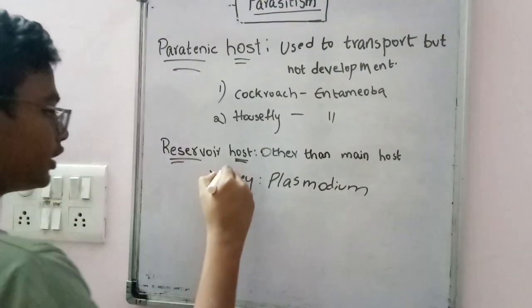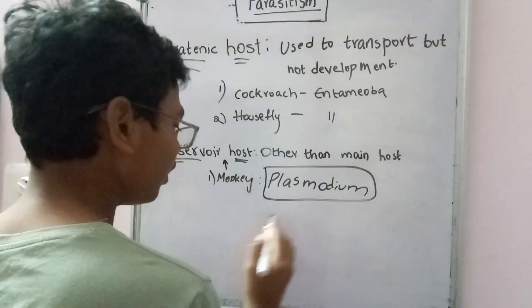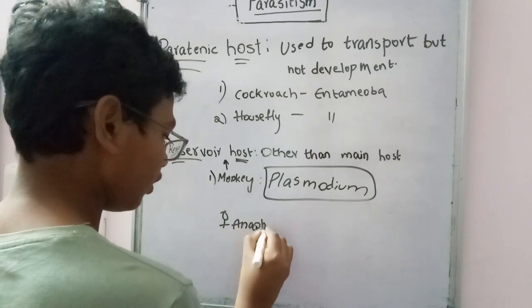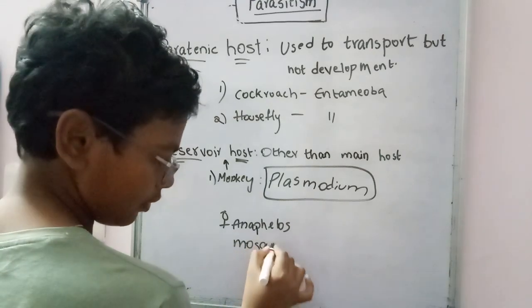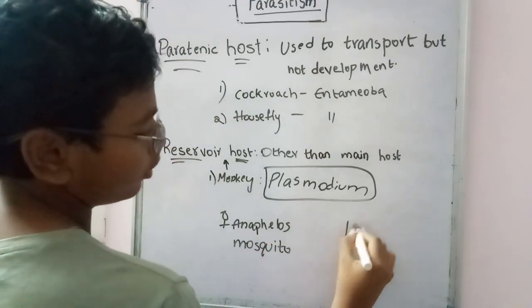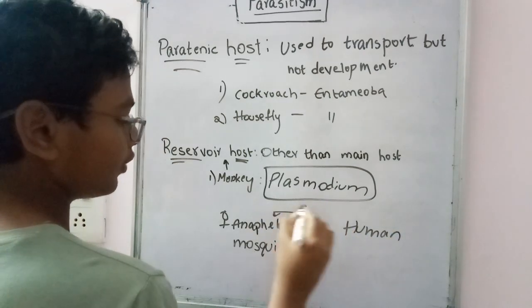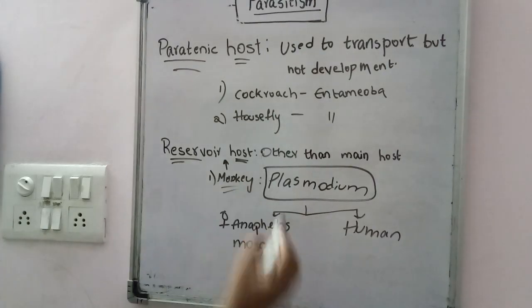So this is a reservoir host, and these Plasmodium's hosts are the female Anopheles mosquito and human. So these are the two hosts for Plasmodium, and this is the third one, which is a reservoir host.